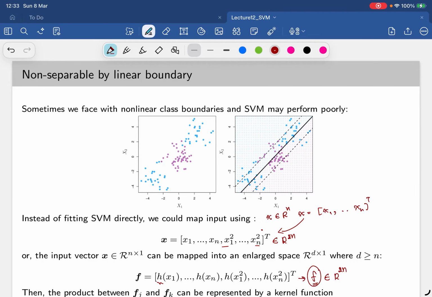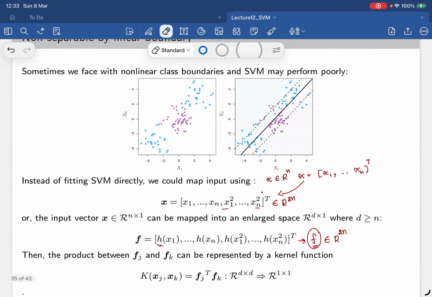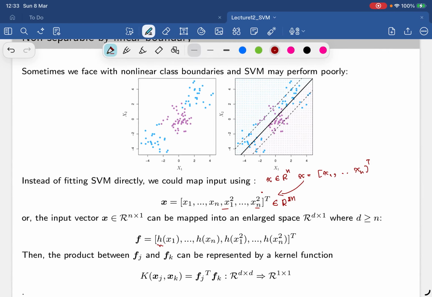Or alternatively, we may choose to map our input features into an enlarged space. In this case, there may be a function that could map our input into a different domain, and the input features in the new domain are denoted as f.